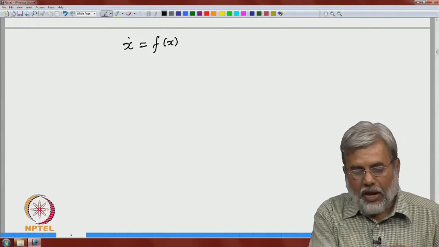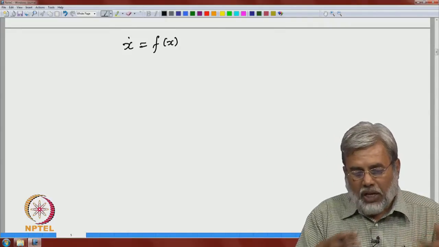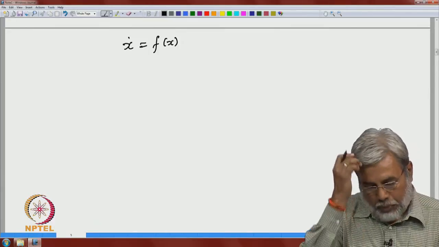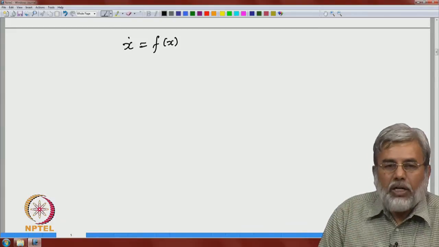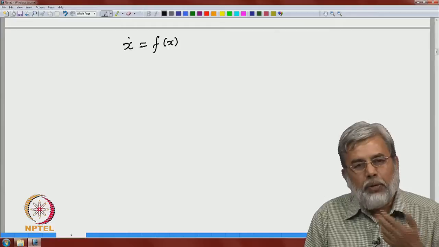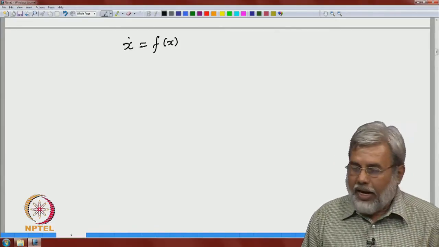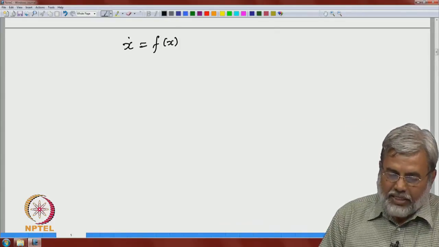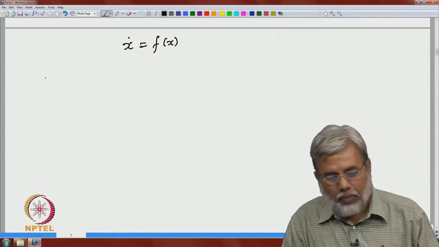I have worked out a few examples, that is fine, but suppose I want to decide when a given equilibrium point will be stable or unstable or asymptotically stable, what should I do? Okay. That is the next question, and we have already done enough of this in a special case. Okay. So, that is our starting point.